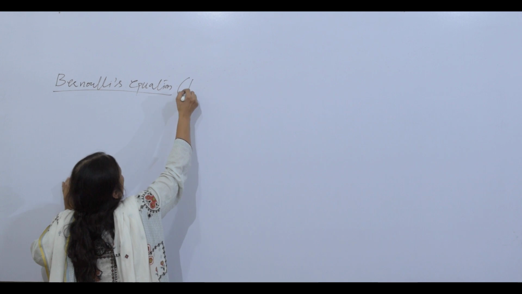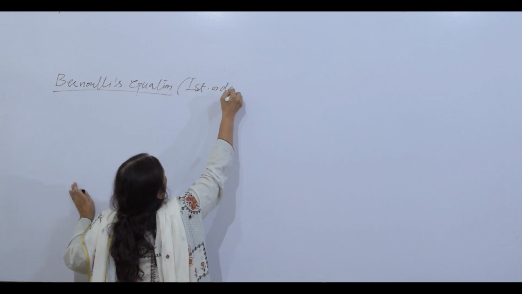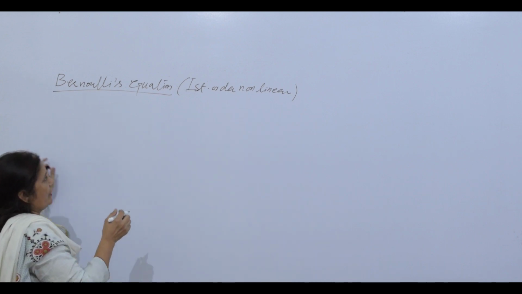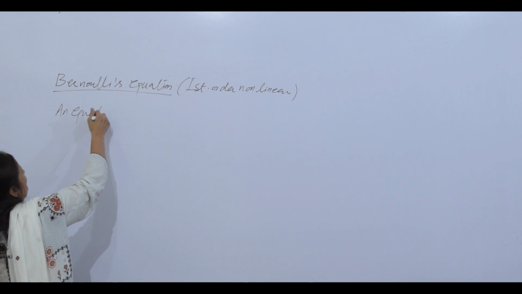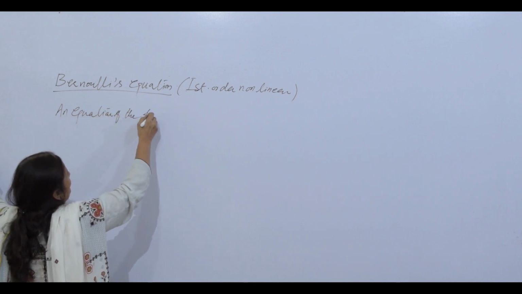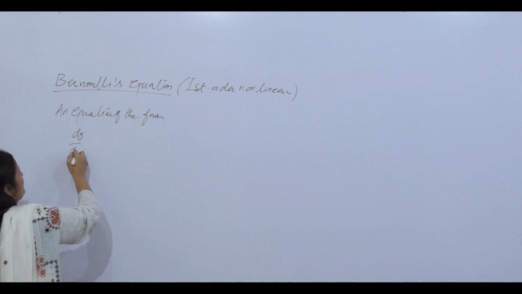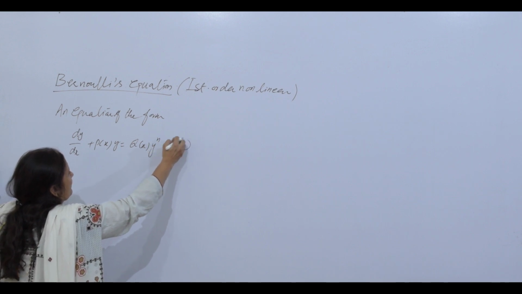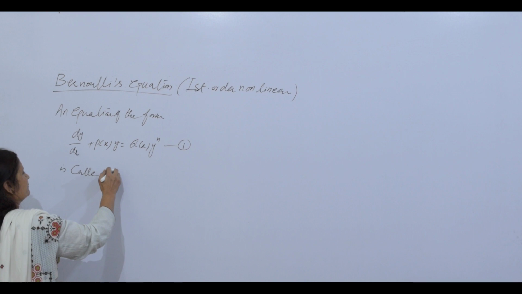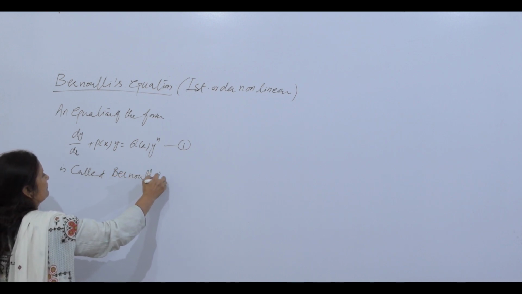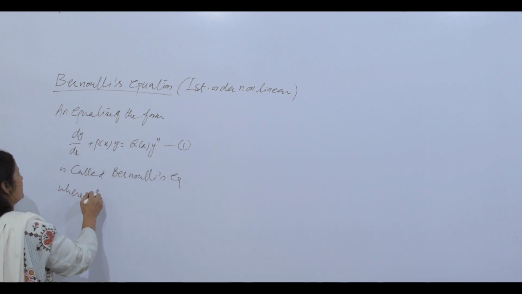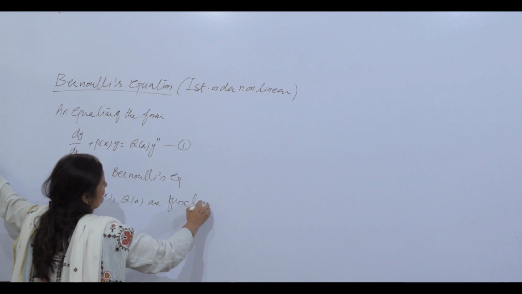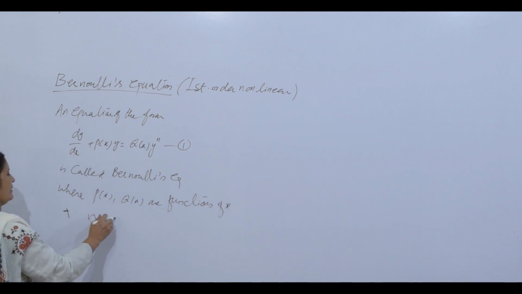An equation of the form dy/dx + p(x)y = q(x)y^n is called the Bernoulli equation, where p(x) and q(x) are functions of x, and n is a real number.